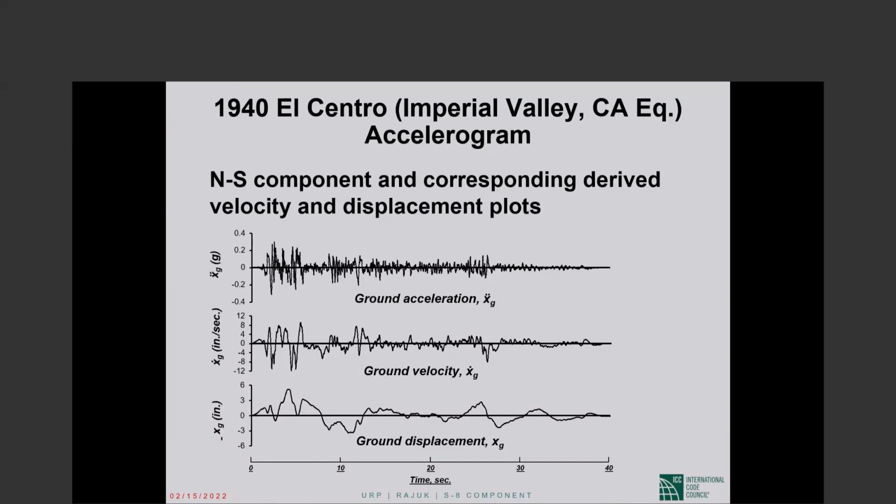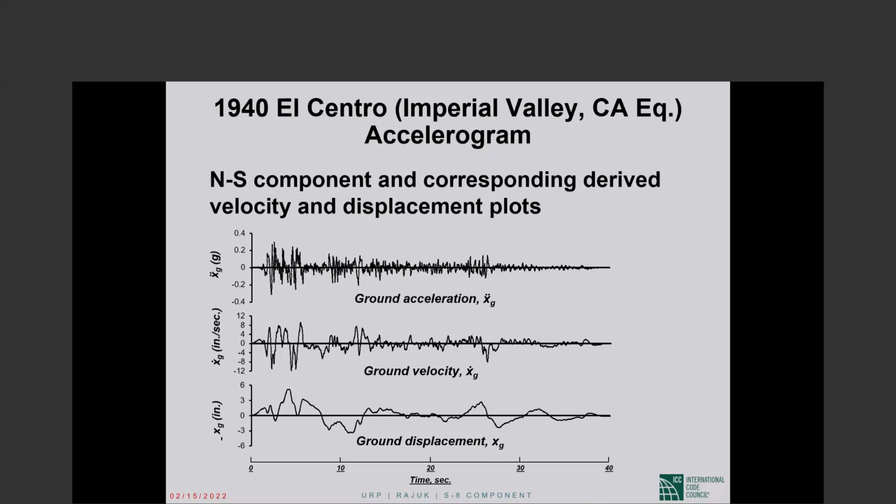I think I mentioned previously that earthquake ground motion is recorded by strong motion accelerographs. That is what the instruments are called, G-R-A-P-H. The instrument is a strong motion accelerograph, and the records that the accelerograph makes are strong motion accelerograms.